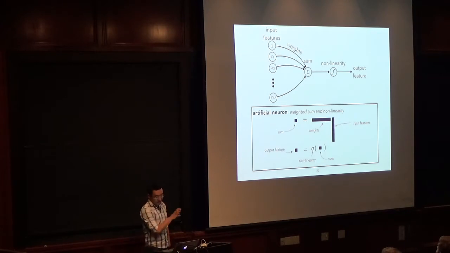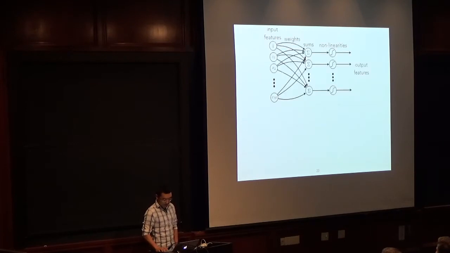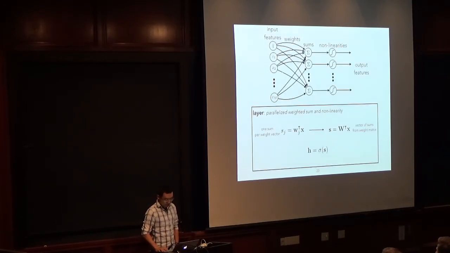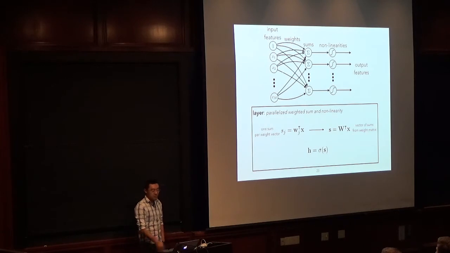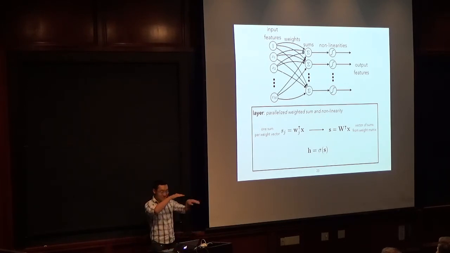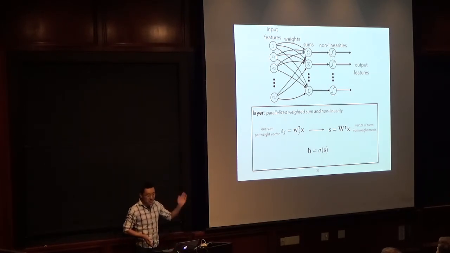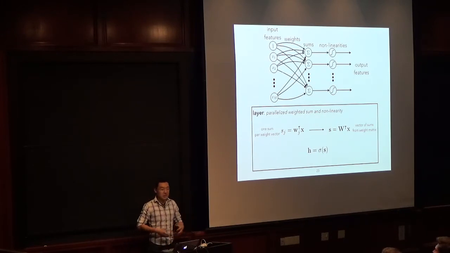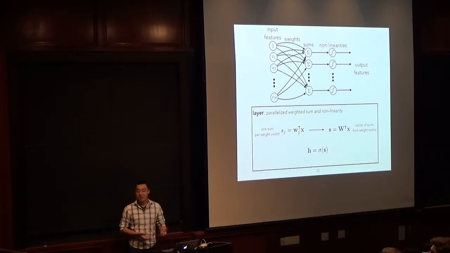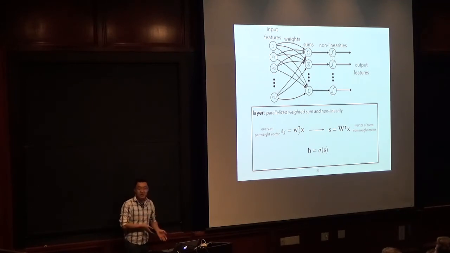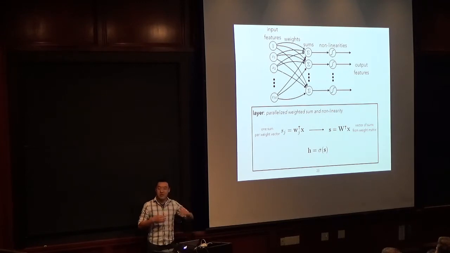One reason why this vector multiplication viewpoint is attractive is that it's easy to write out the matrix form. If we had an entire layer, then we have this weight matrix W, where each column of capital W are the weights of a single neuron. So we can do a matrix vector multiply to compute the sums of all the neurons in a layer simultaneously, and then we apply this nonlinearity component-wise to get the outputs of the hidden layer.